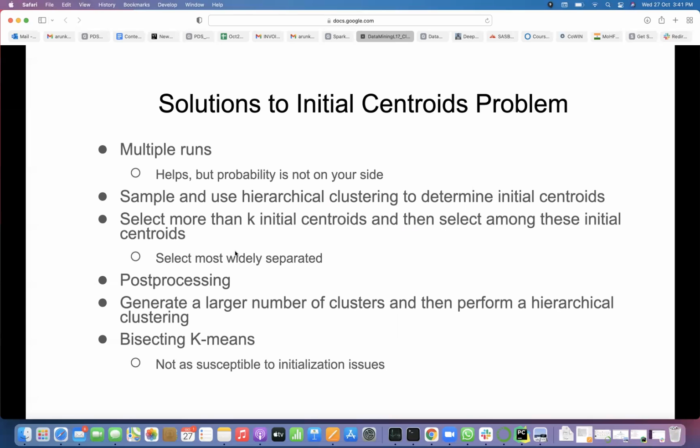That is what we have seen, build more clusters than required. Select the most widely separated, meaning which are close, merge them, then select the most widely separated.